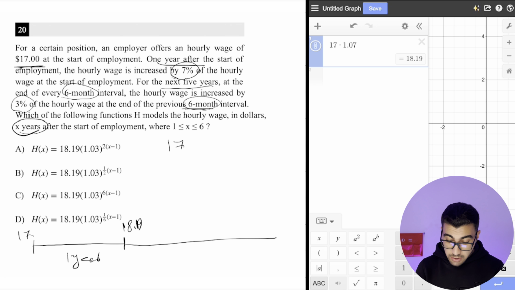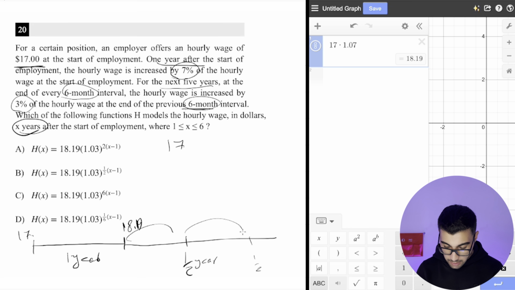Now the question is asking us which function represents this situation. You look at the functions. The initial value is 18.19. So we are starting from here, from after 1 year. So you already have 1 year in hand, and then you do six months, and 6 months means half a year.